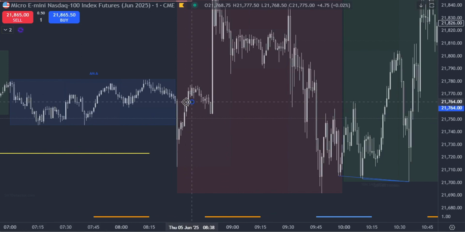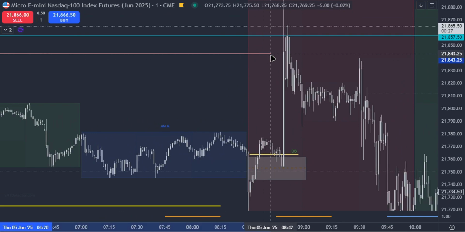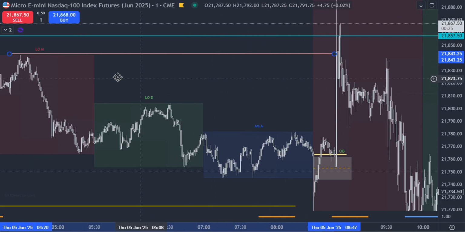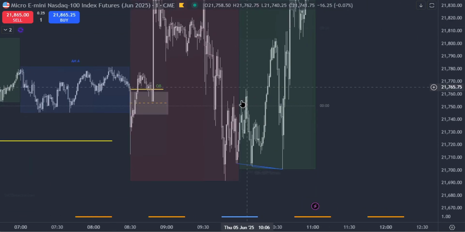This is an order block right here. Or it can be an inverse fair value gap. And then it goes straight to TP on the hourly high. Same thing for over here.